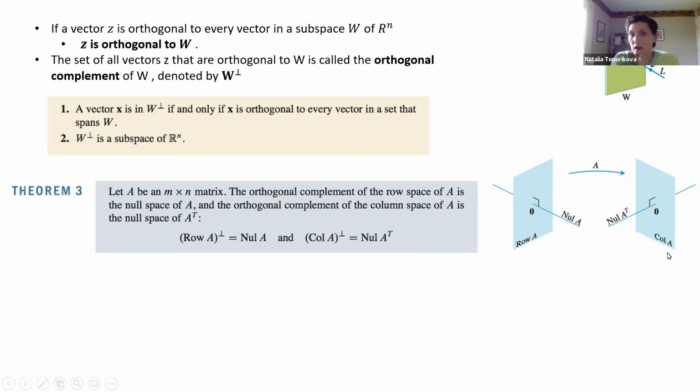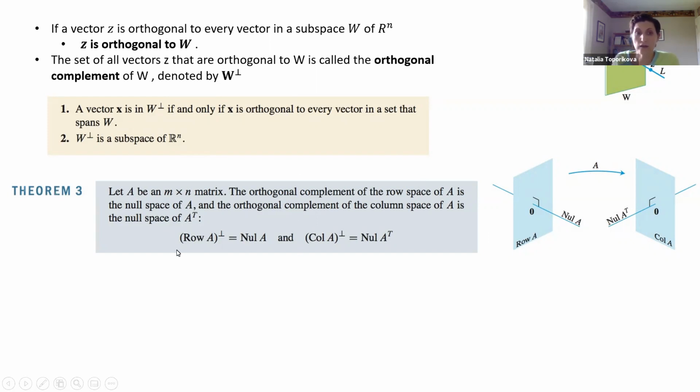Also, the orthogonal complement of the column space of a given matrix is equal to the null space of the transposed matrix.